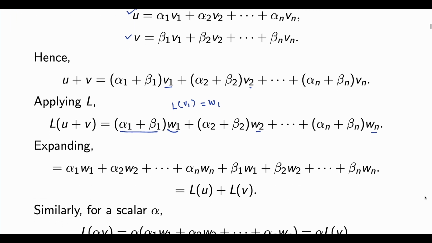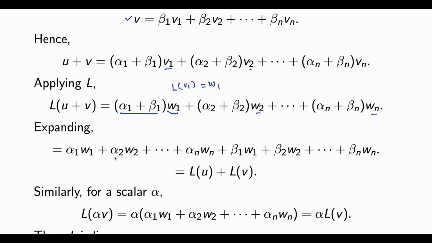Now we can expand this and write the alpha 1, alpha 2, ..., alpha n terms together, and the beta 1, beta 2, ..., beta n terms on the other side. The first alpha combination will be L of u, and the second beta combination will be L of v. So L of u plus v is equal to L of u plus L of v. So L is closed under vector addition.